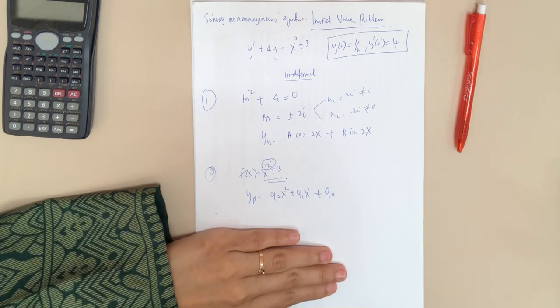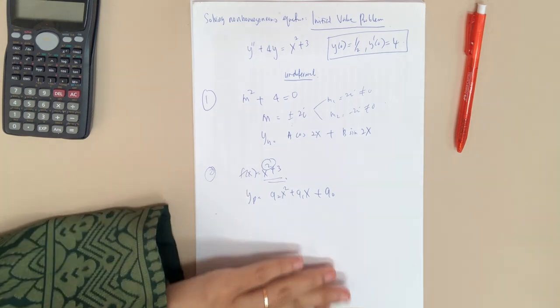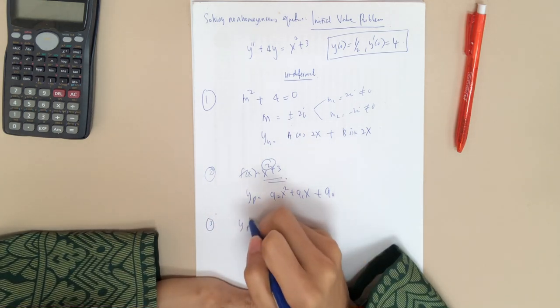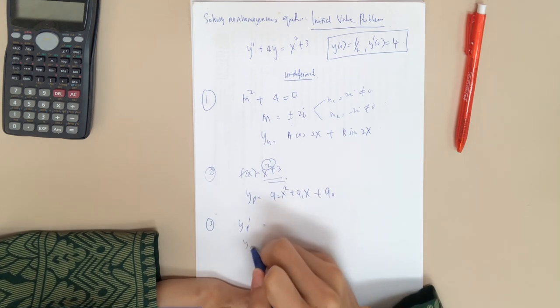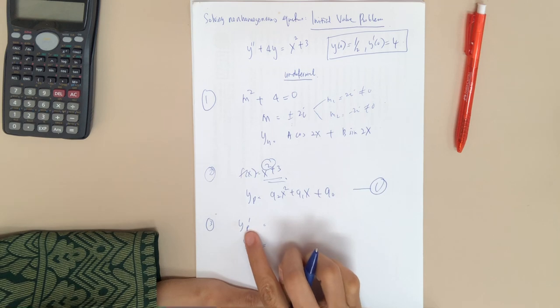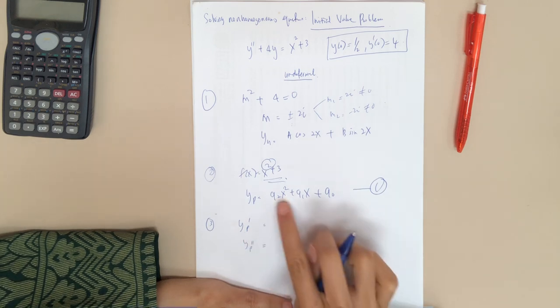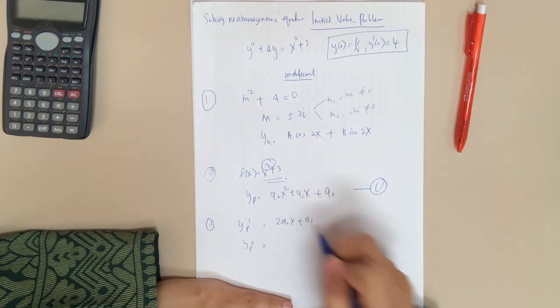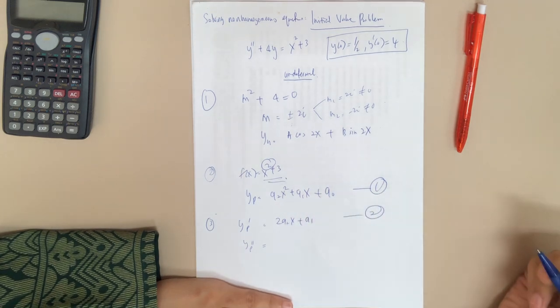So what do we do next? We need to find yp prime and also yp double prime. This is the first equation. Now yp prime is 2a2 x plus a1. This is the second equation.